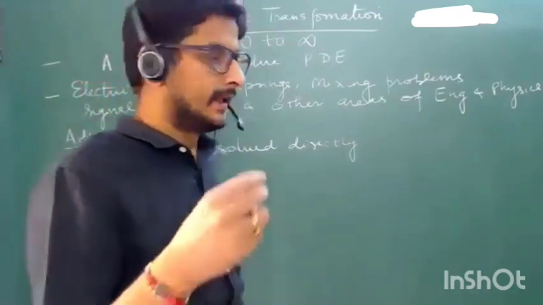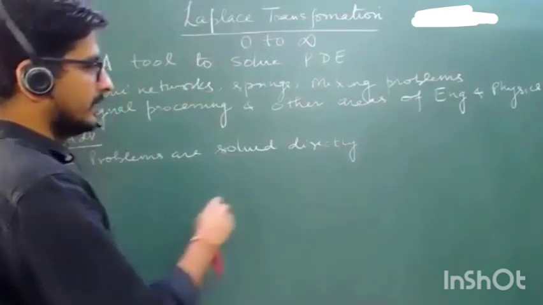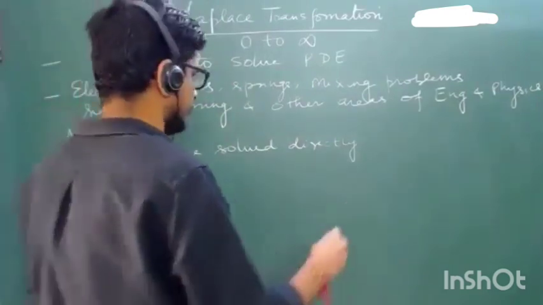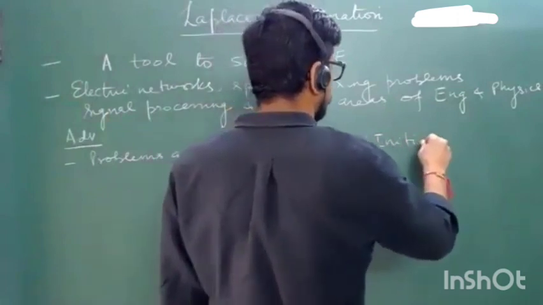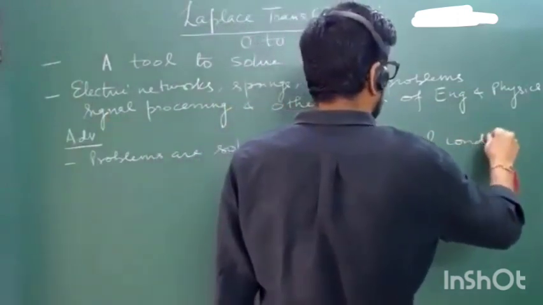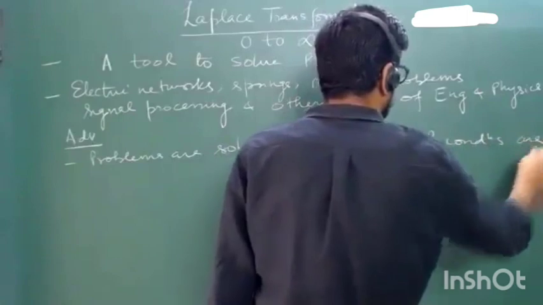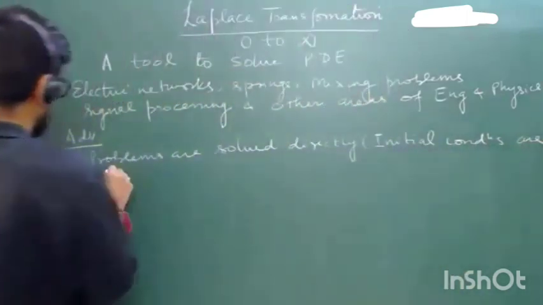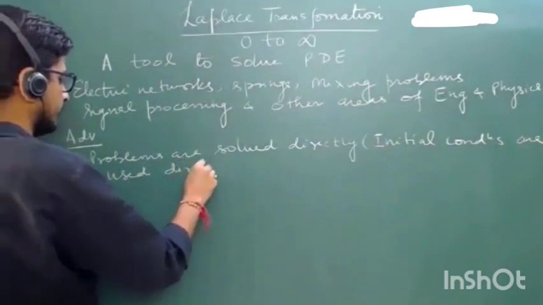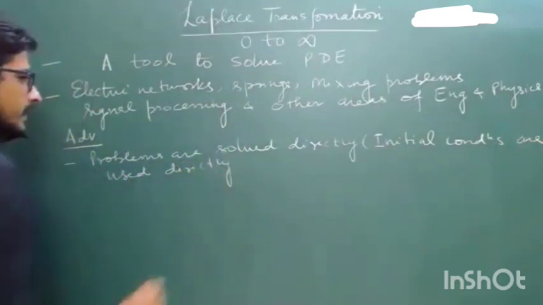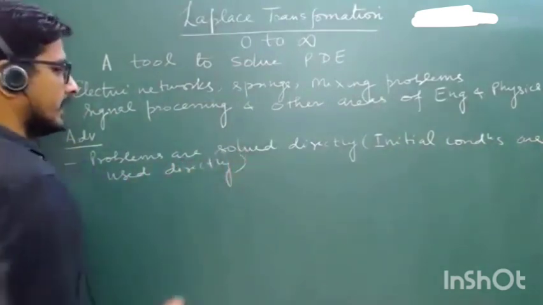First we get general solution, then we apply the initial conditions. So because initial conditions are used directly, you will see when I solve, are used directly. Initial conditions are used directly.